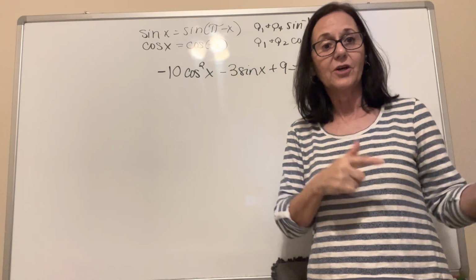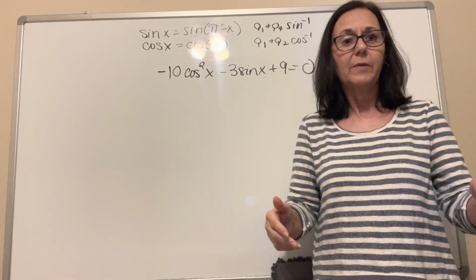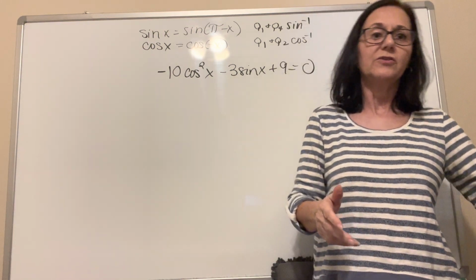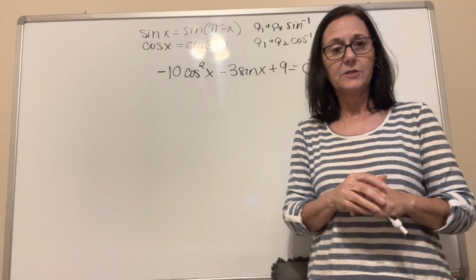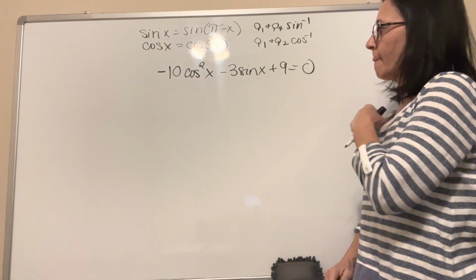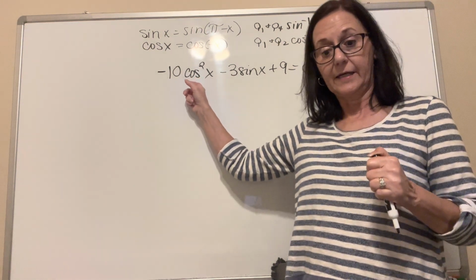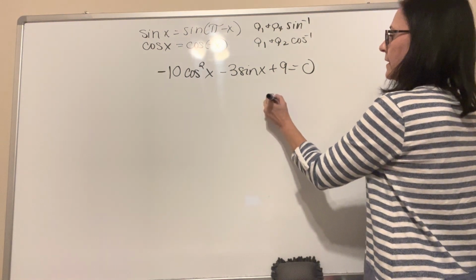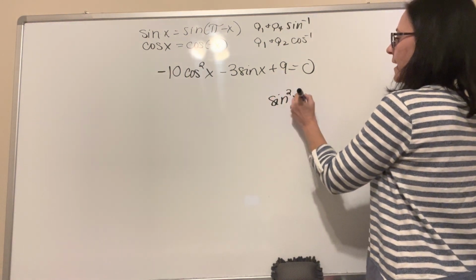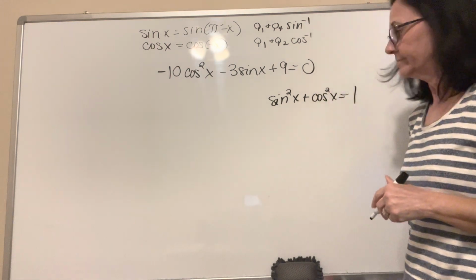I need like terms. I can't have 3x squared plus y minus 2 equals 0, right? I just need all the x's to be the same term on one side of the equal sign. But I know that there's a Pythagorean identity with the sine and the cosine. Do you remember it? It's the sine squared x plus the cosine squared x equals 1.